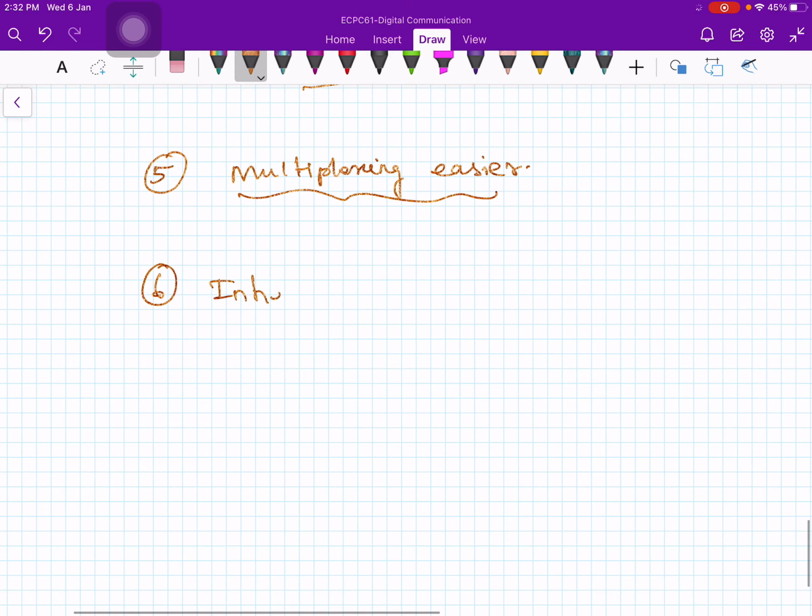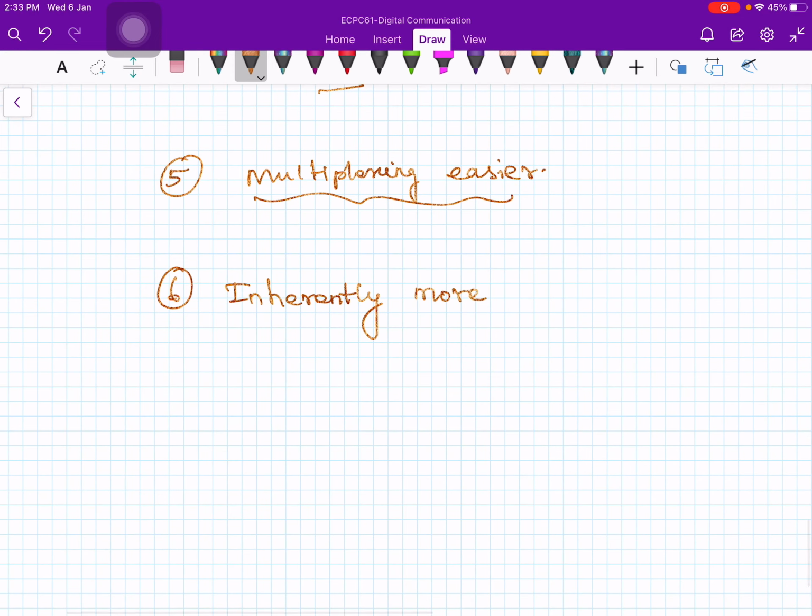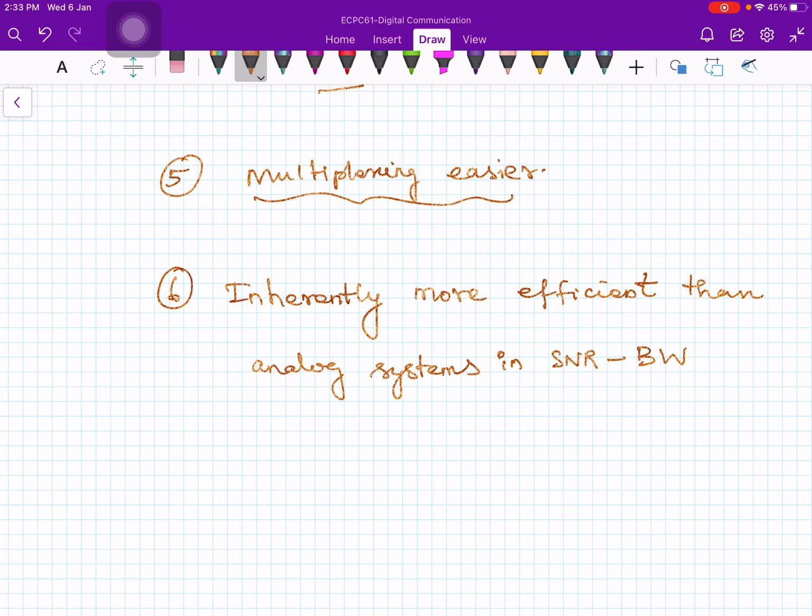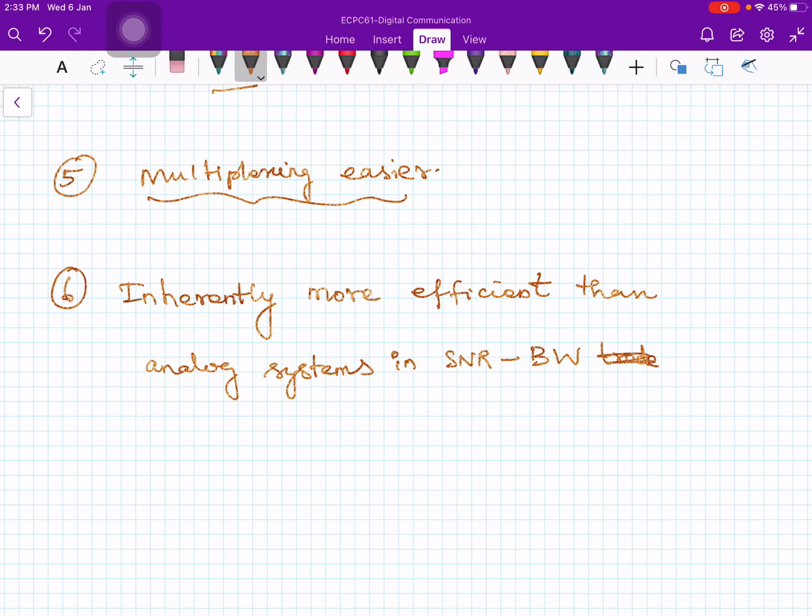So inherently, naturally more efficient than analog systems, in terms of signal to noise ratio and bandwidth trade-off.